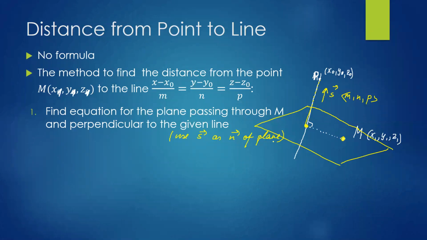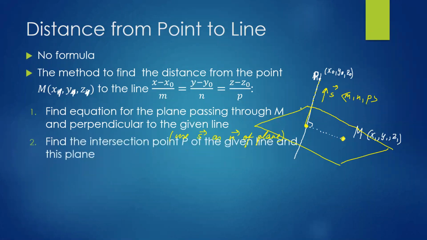Now we need to find the intersection point. Oh, that's now P. Okay, I can mark this by whatever letter, it doesn't matter. We have to find this intersection point.